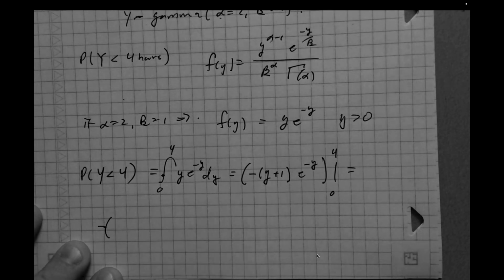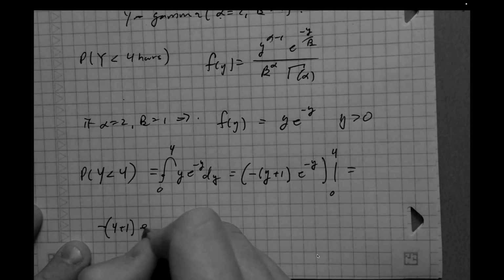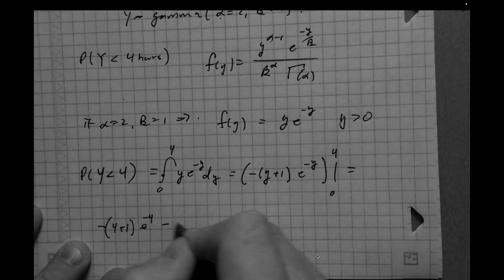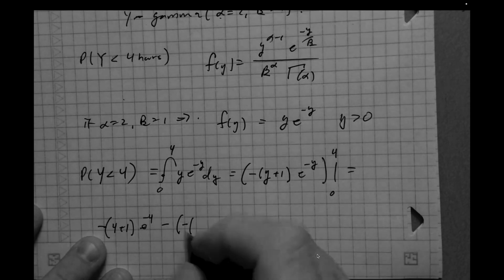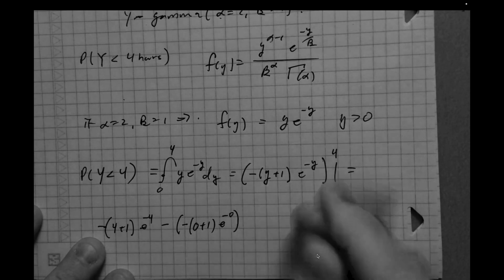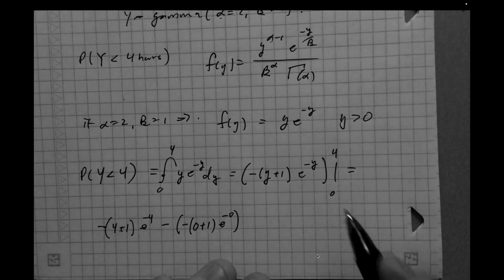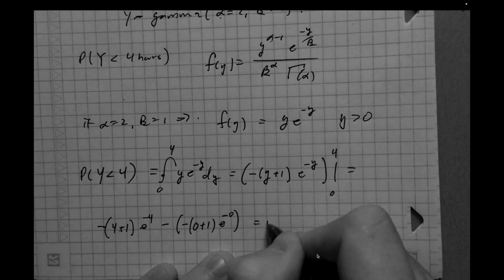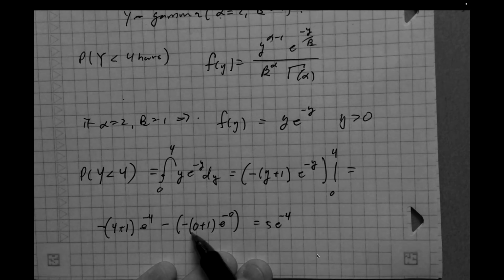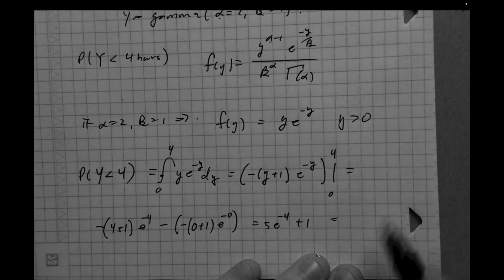That's going to be negative, and then it'll be 4 plus 1 e to the negative 4 minus negative 0 plus 1 e to the negative 0. Okay, and so this is 5e to the negative 4. And what is left here is just 1, right? Yep, so plus 1.